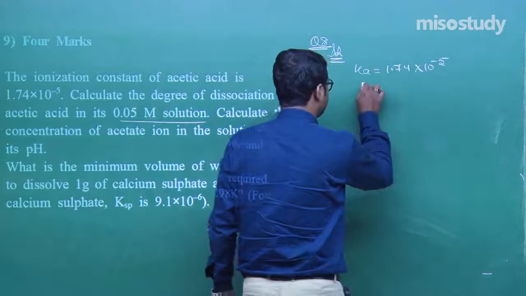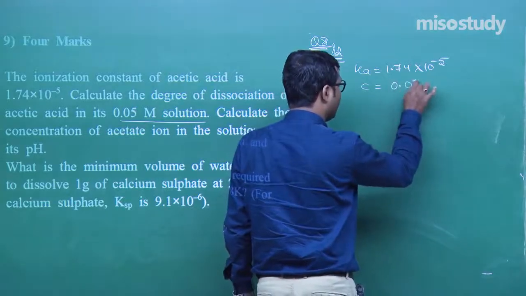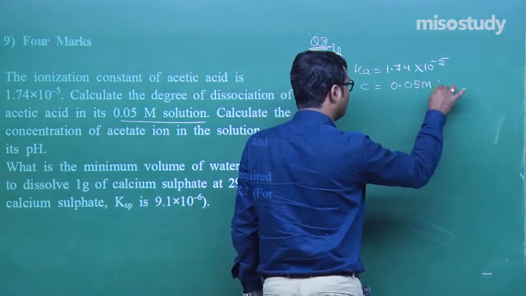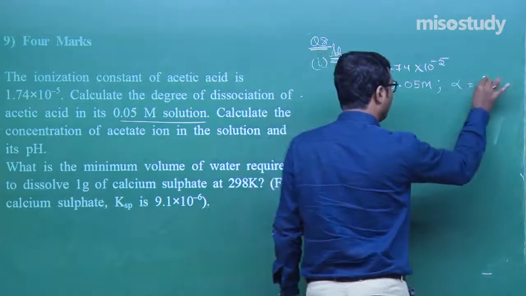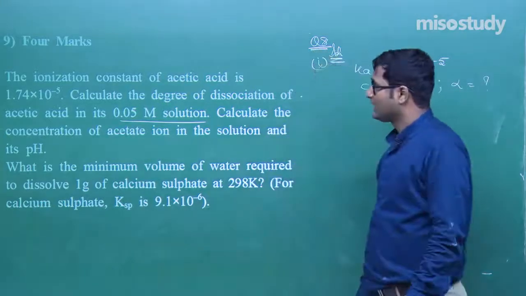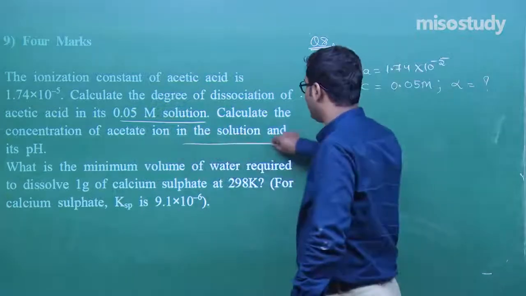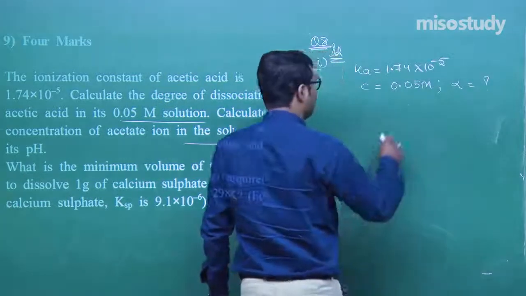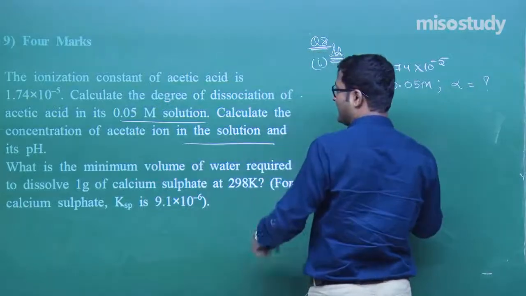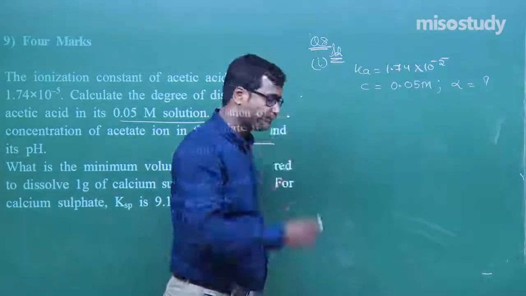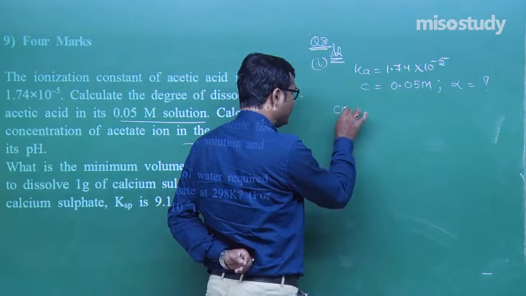That is, the concentration is given as 0.05, and what we need to find is alpha, the degree of dissociation. Calculate also the concentration of acetate ion in the solution and the pH. Now, very easy.